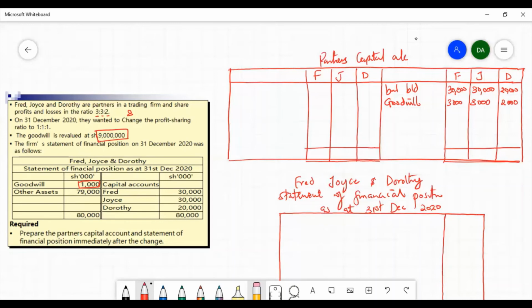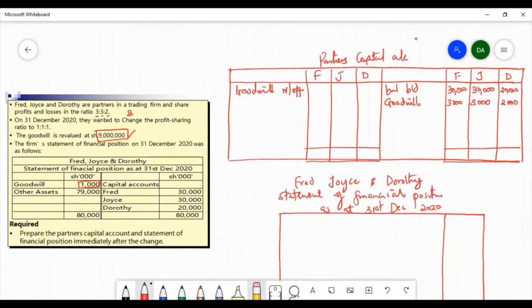Then after recording goodwill, goodwill is written off. To write off goodwill and to show the effect of the change, that goodwill is written off as follows. We are writing off goodwill in the new profit sharing ratio, and the goodwill to be written off is the total goodwill, which is 9 million.